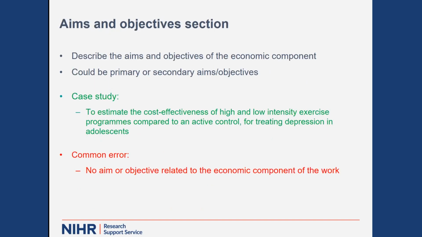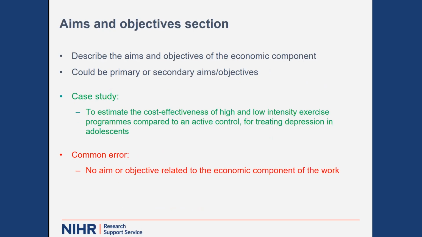For the aims and objectives section, you want to clearly describe the aim or objective of the economics component, which could be a primary aim or a secondary aim. So in the case study, there was a clear objective to estimate the cost effectiveness of high and low intensity exercise programs compared to an active control.